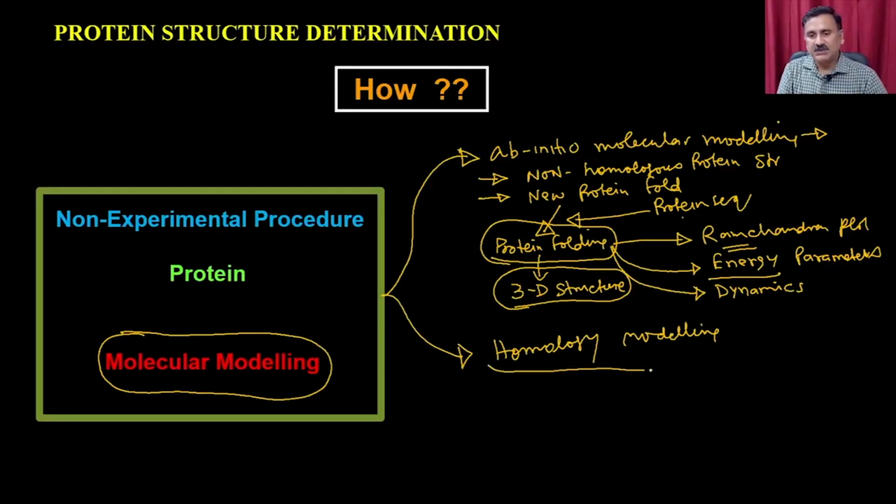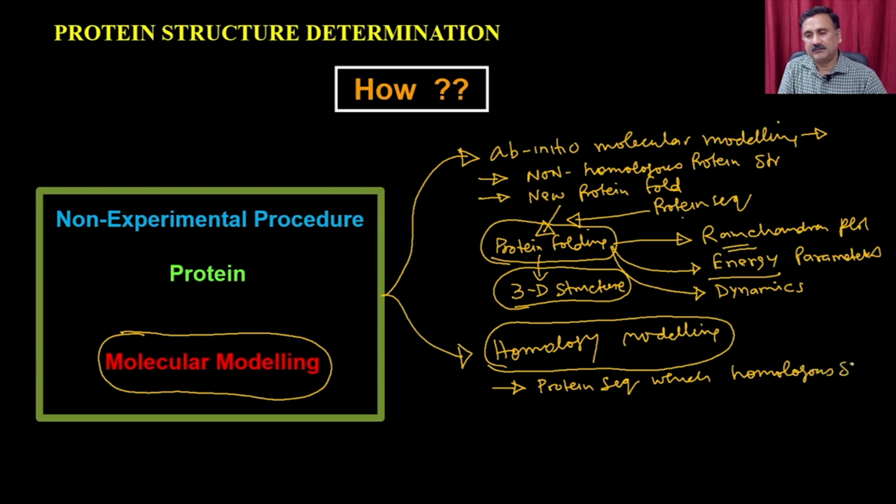Then the second approach is molecular modeling. So under what condition will you do molecular modeling? When you are working with a protein sequence which has homologous structures in the database, at that time you will use homology modeling.